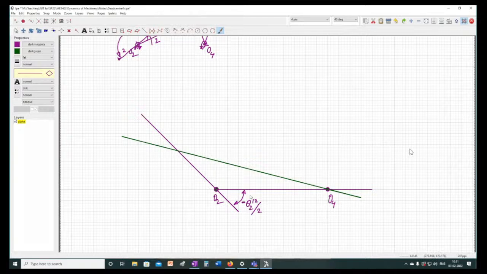Okay, to get the relative pole R12, we have to rotate the line which was initially at 0 degree. We have rotated it by this angle, and similarly we have rotated this line by theta 4 1 2 divided by 2, and it is also in the opposite direction.